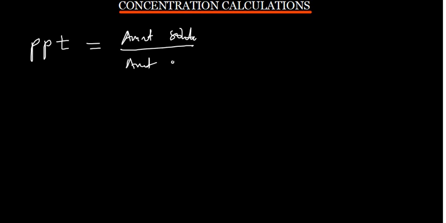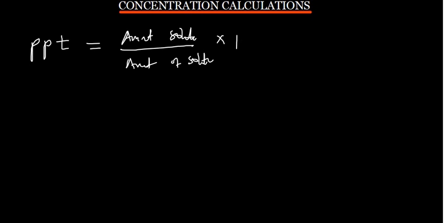Now, other types of concentration, you express them in parts. So we first have parts per thousand, ppt. This is a type of concentration, and you give it as amount of solute over amount of solution times, since this is parts per thousand, 1000.